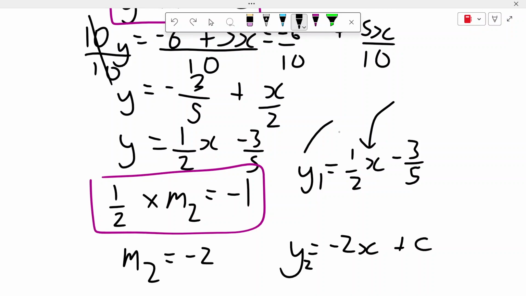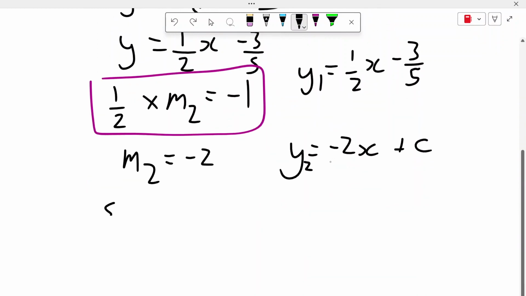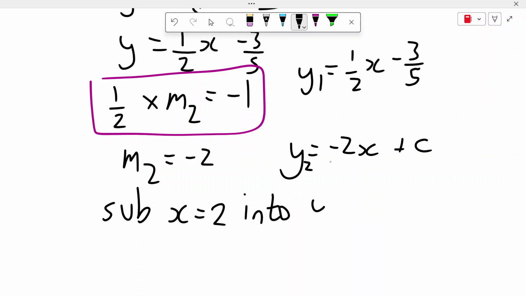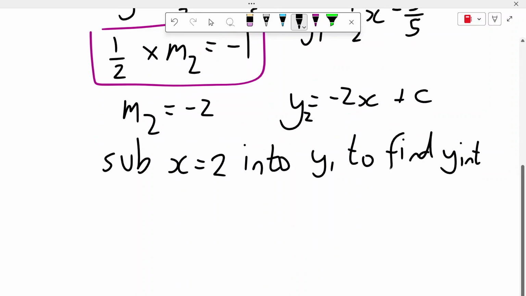So let's just let the marker know what's going on, and we can say sub x is equal to 2 into y1, to find the y intersection.